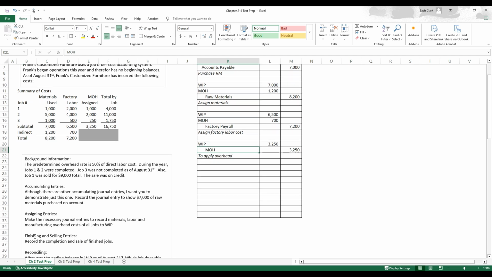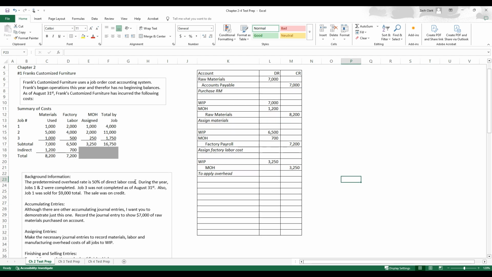And then we need to record the completion and sale of the finished goods. So it tells us in our detail here, jobs 1 and 2 were completed. So we had $15,000 of completed cost moved to finished goods. So let's do that entry first. I'm just going to say finished goods, FG. I'll write it out, just finished goods inventory. Right, it's an inventory, it's an asset.